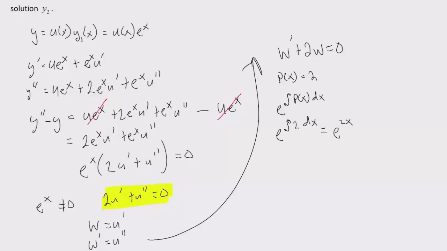So if I multiply e to the 2x times w prime plus e to the 2x times 2w equals 0, that's where that application of product rule comes in. So this would be d dx of e to the 2x w equals 0.